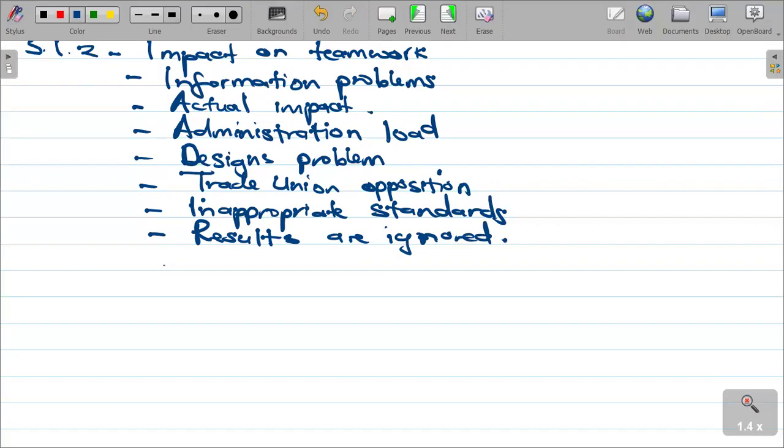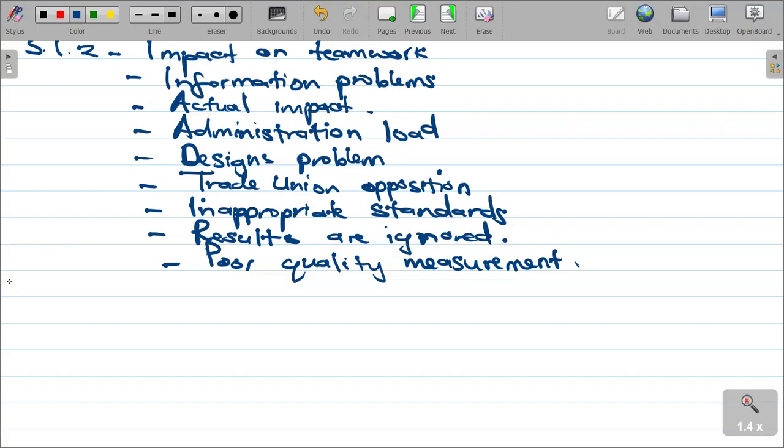Right? And you can find that there's a poor quality measurement. Right.